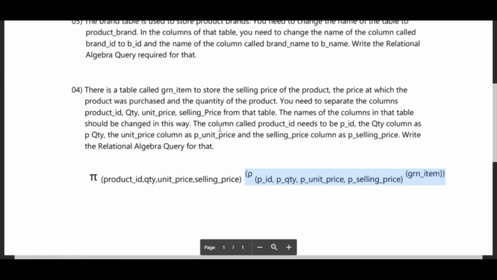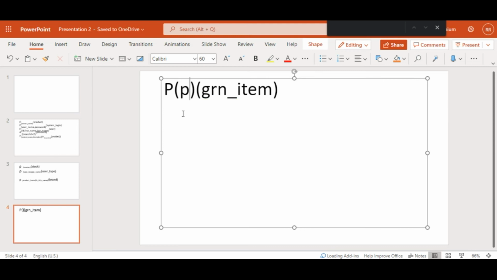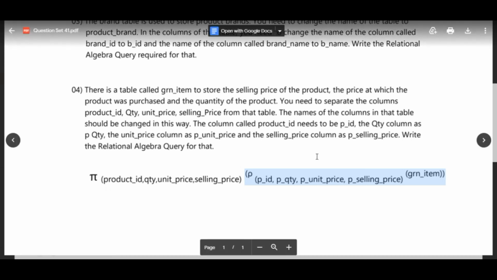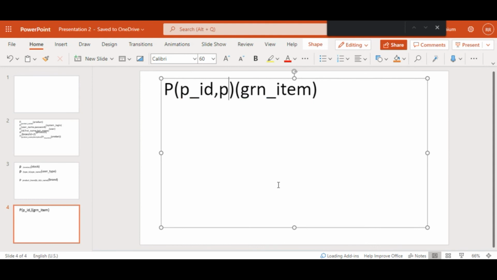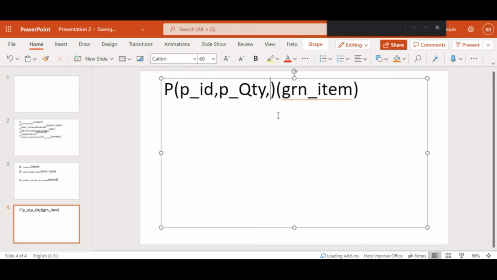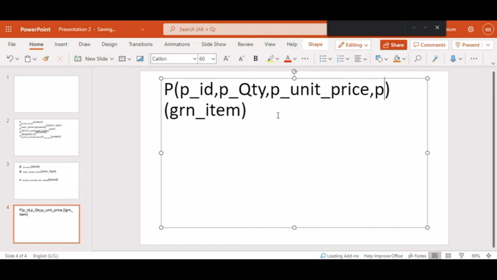So product ID to PID, and the quantity column to PQTY, and the unit price column as P unit price, as well as P selling price, the selling price column. And let's change the font.